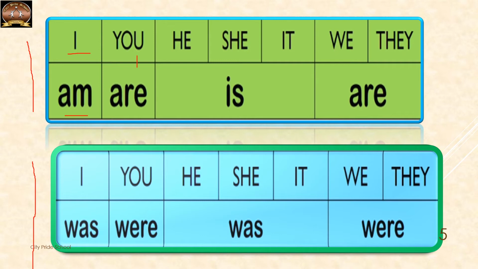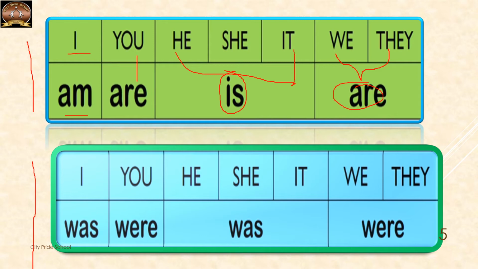You matches correctly with are, whether it is representing a singular noun or a plural noun. Then he, she, it, since they are singular subjects, they will go along with is. We and they, since they both are plural subjects, they will take are after them.